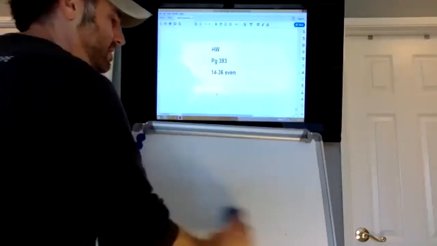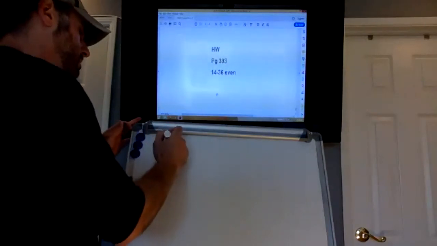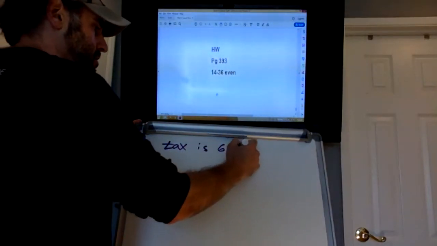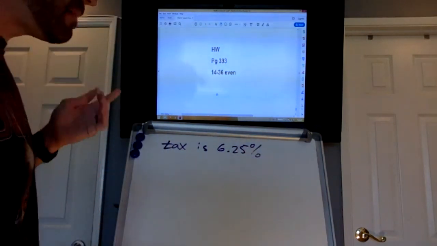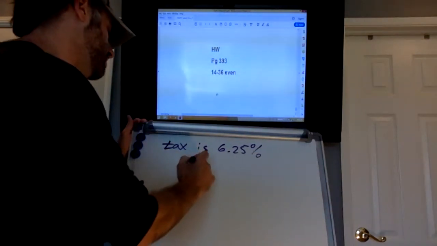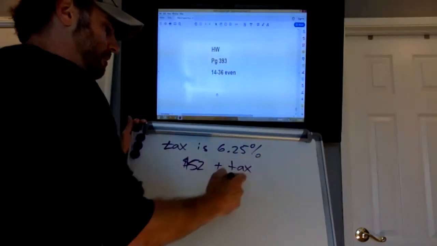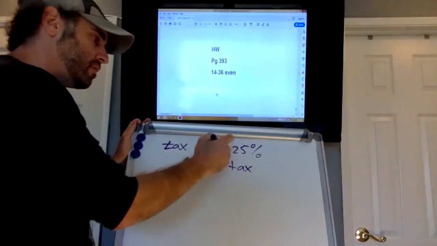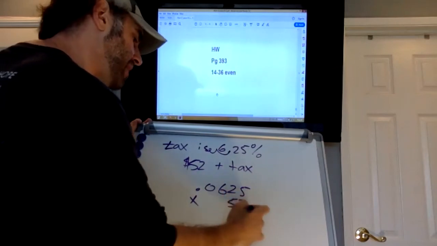So let's say tax is 6.25%. And you buy a bunch of groceries and it comes out to $52 plus tax. Okay, so now I need to find 1.0625 times 52, which is one method.